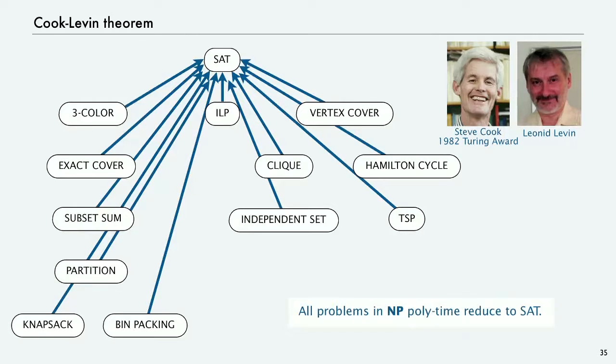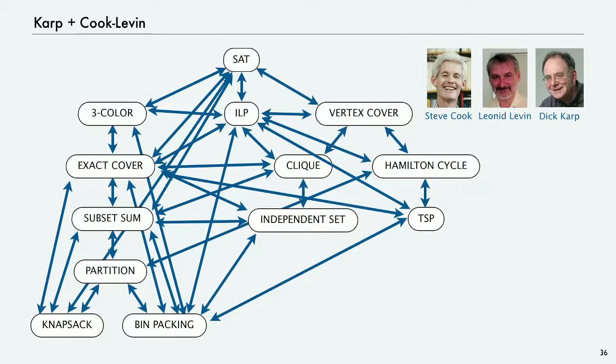All problems of NP reduce to SAT, but then SAT reduces to all of them. So what this means is that all the problems are NP complete, not just SAT. If we can solve any one of these problems, we can solve all the problems in NP. That's a much, much stronger statement about the difficulty of solving these problems. They're all NP complete.